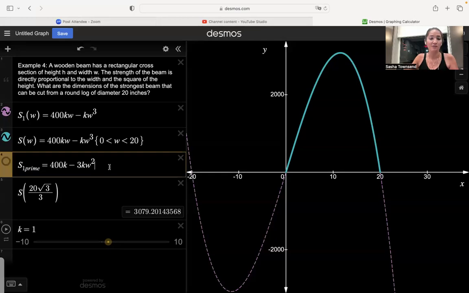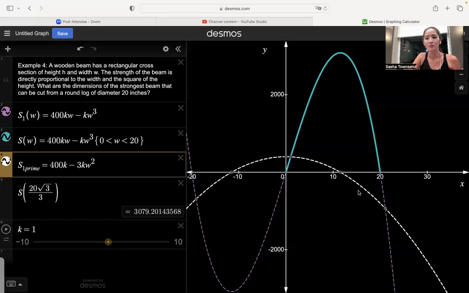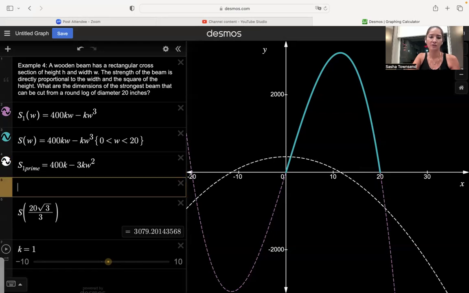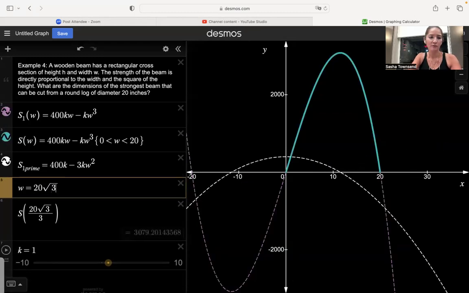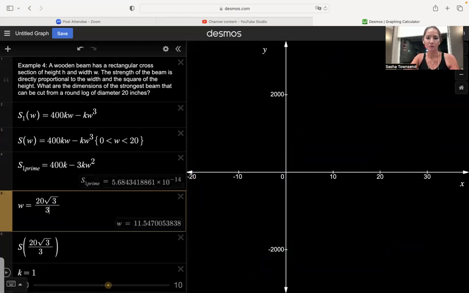Now, if we want to find that, we could take the derivative. That's what our derivative graph looks like. Then we could find out where the derivative is 0, and it looks like our derivative is 0 at about 11.547. If I solve this for W, it turns out my W value is 20 times the square root of 3 divided by 3.